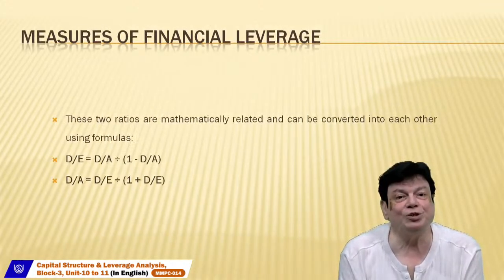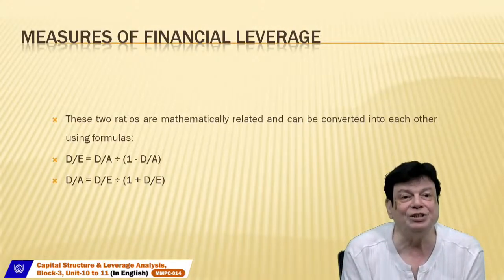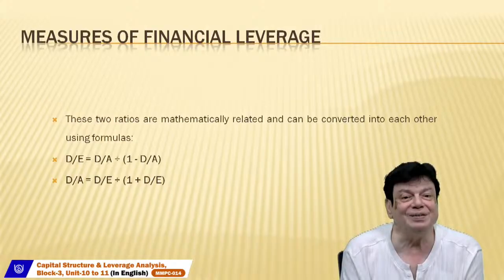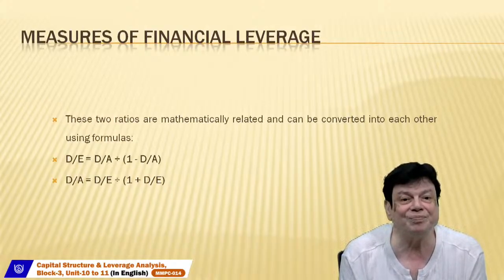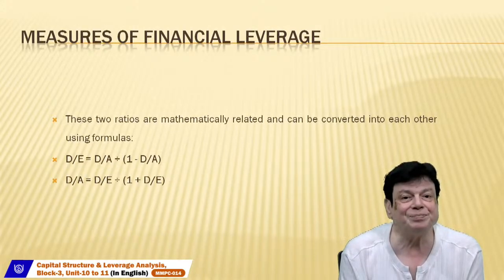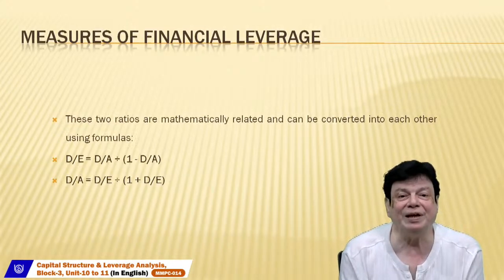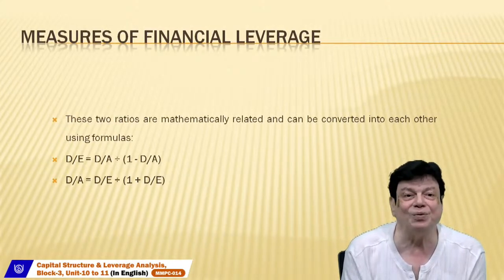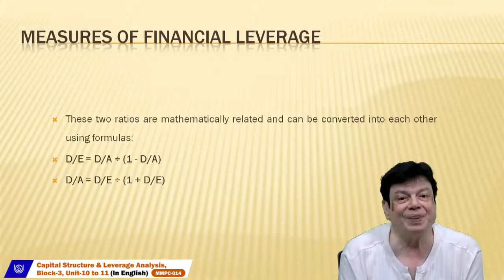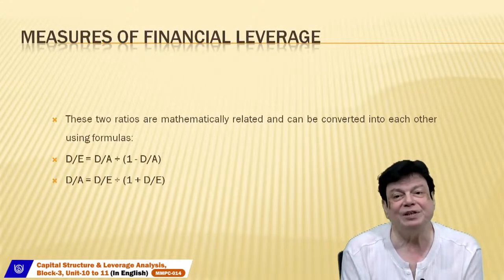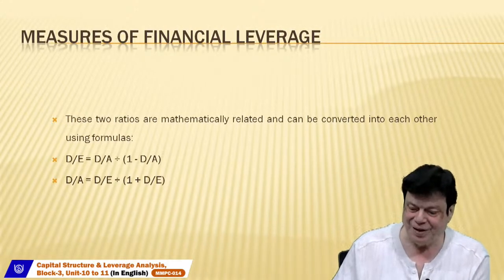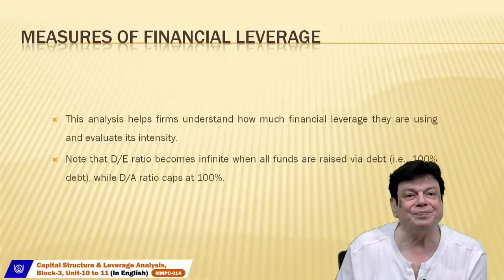These two ratios are mathematically related and can be converted into each other using the formula: D/E is equal to D/A divided by 1 minus D/A. D/A is equal to D/E divided by 1 plus D/E. This is the relation between the two.